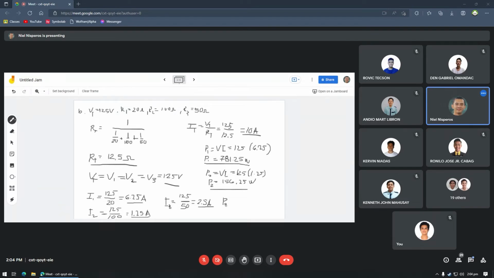And then P3 equals voltage 125 times I3, 2.5, which is 312.5 watts. Okay, these are the values asked for circuit B.